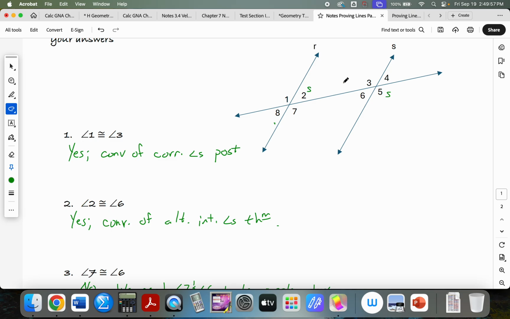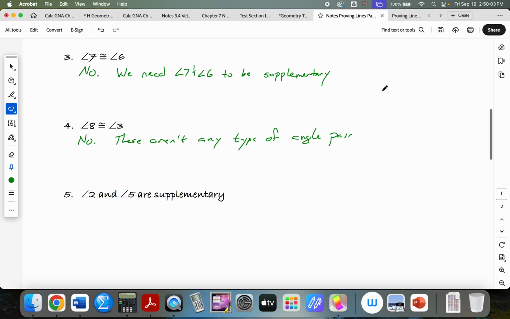What kind of angles are 2 and 5? Not an angle pair. They're not any kind of angles. So again, this is no. These aren't any type of angle pair.